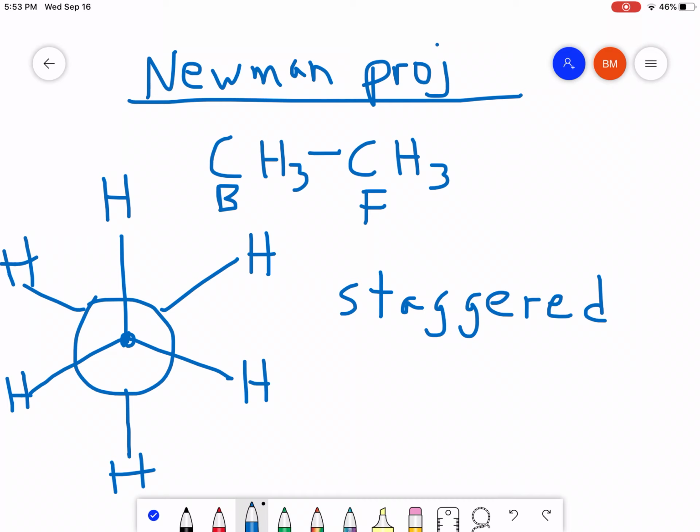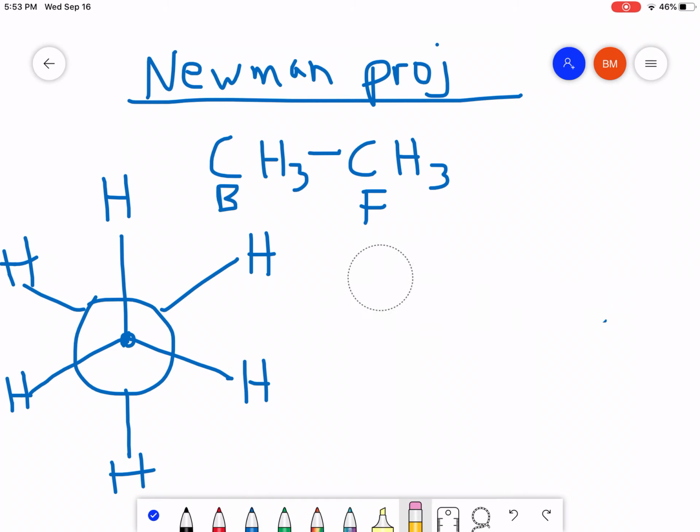Now, it's not going to stay in this position. Like I said, we get constant rotation. When you want to draw another Newman projection formula, again, the iPad doesn't like it when I hold the stylus down for a second, you draw the same circle and dot. Now, what you have to do is show what's going to happen when you rotate around that single bond 60 degrees.